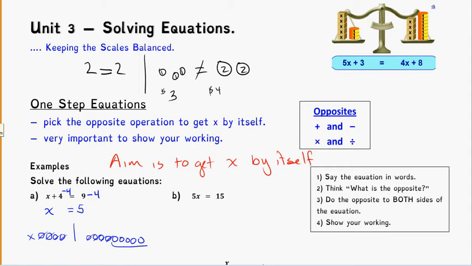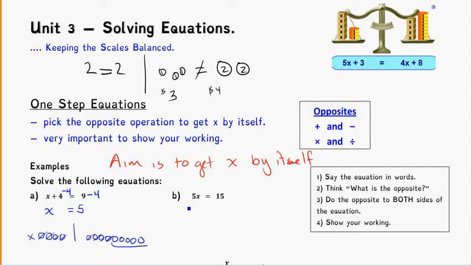Let's look at the next example. In this case, we have in words 5x, which is really saying 5 times x is equal to 15. So what's the opposite of times? You should be thinking that that's divide. And currently x is stuck to that side of the equation with a times by 5. So if I want to get x by itself, I need to think about what's the opposite of times by 5. And that is in fact divide by 5.